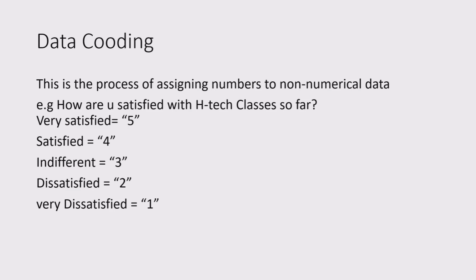The process of coding is the process of assigning numbers to non-numerical data. So data that are not necessarily numbers, you attach numbers to them. Like the example we treated earlier, how satisfied are you with HTech classes so far? Very satisfied is 5, satisfied is 4, indifferent is 3, dissatisfied is 2, and very dissatisfied is 1. The process of putting this into SPSS is called data coding.